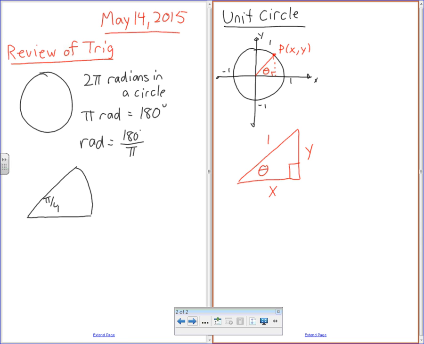What I'm getting into here is all the fundamental identities of trig that you're going to need to memorize. So let's start with y. I'm going to say that sine of theta from this diagram is equal to what? What does sine equal? Opposite over hypotenuse. Good. So it's y over 1, which is just equal to y.